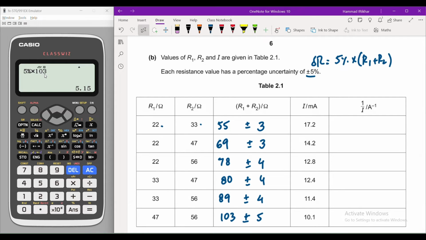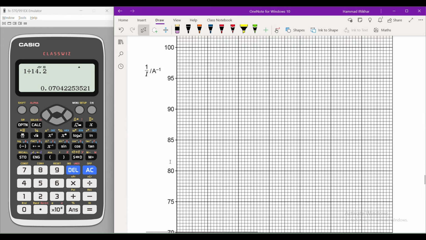Right. Okay. Now we need the reciprocals of the currents. So 1 divided by 17.2. Wait, hold on. Let's go into the graph and see.